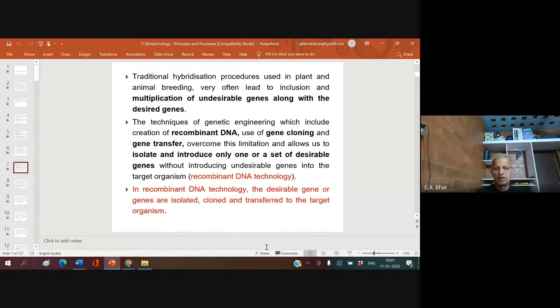Let us say X is one organism, Y is another. We want to take the gene from X and put it inside Y. So the target organism here is Y. We isolated the genes from X. After isolating genes, we are going to multiply the copies of the genes by the process of cloning.